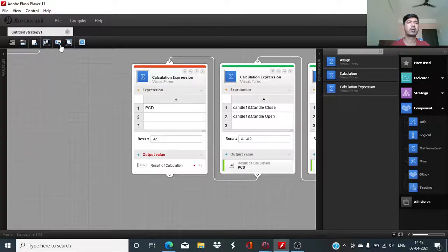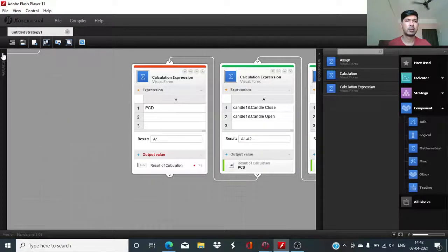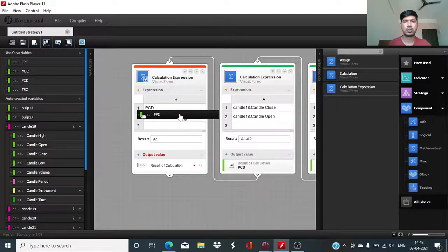I have to first define the variable, and we will name it FPC. Start value will be 0.4, and this will be A1 into A2.